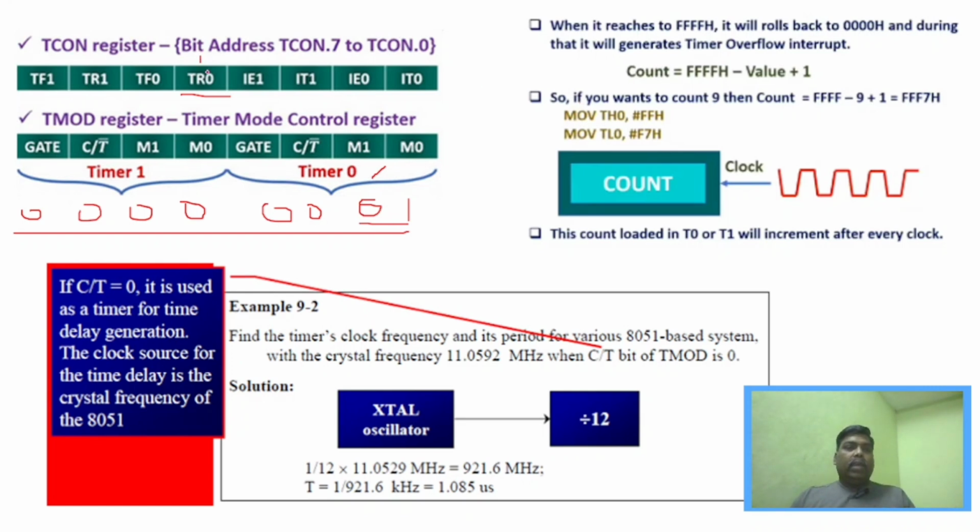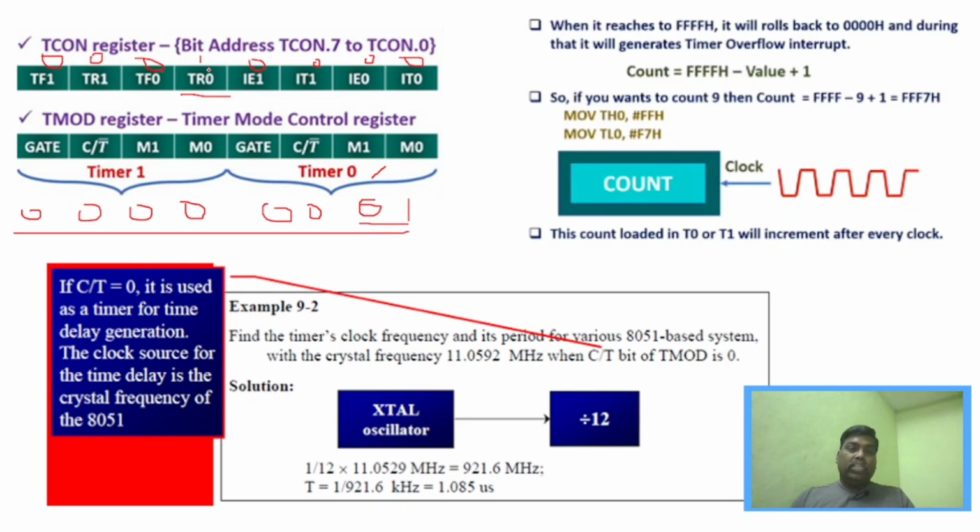Remember one thing: to configure the TCON register, we just have to feed this information, 0 0 0 0 0 0 0. In the previous video, we generated a square wave by feeding this information immediately to the TCON register, so the TCON register is configured for this particular timer 0.